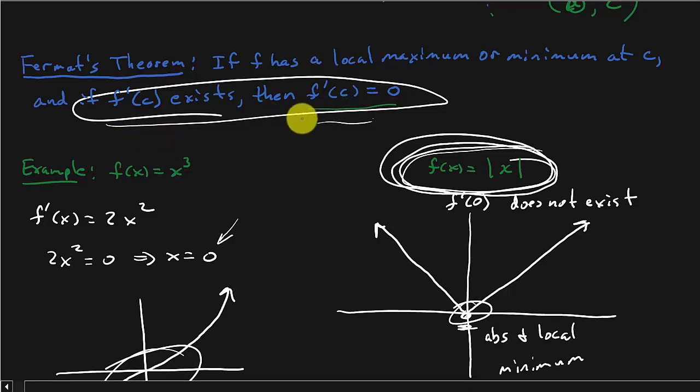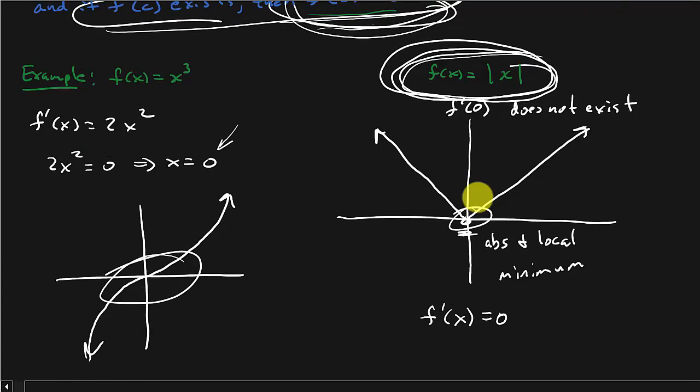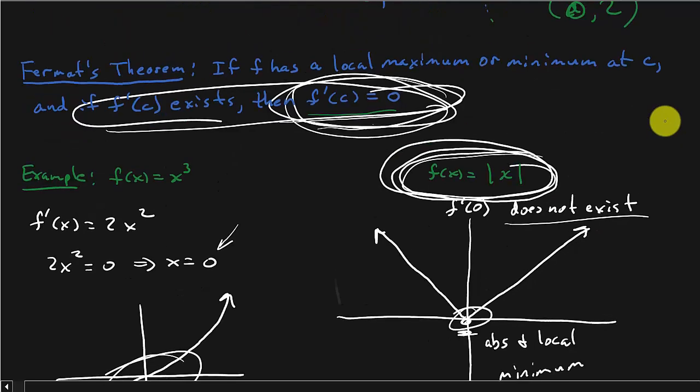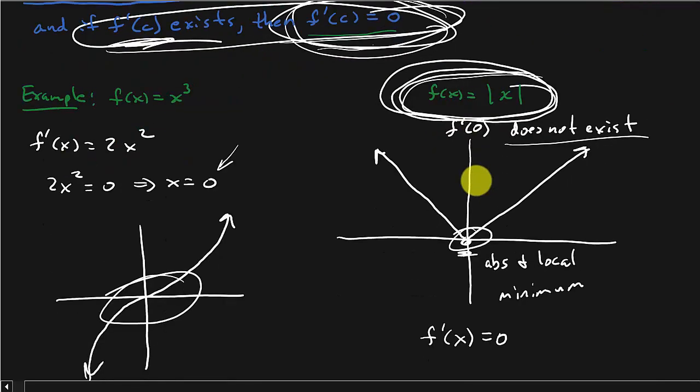But it's not saying that if this applies, then we're going to have a local max or min. So don't read it like that. That's where you've got to be careful. We just showed right here that this one has an absolute and local minimum, but the derivative did not exist.